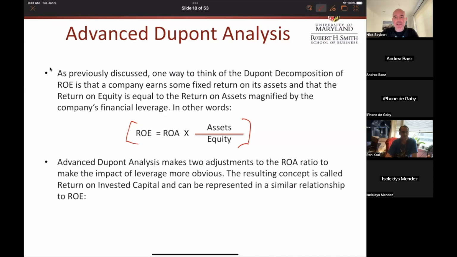We're basically making a couple of adjustments. That makes it sound way easier than it is, because there are several calculations involved. But we're basically making two adjustments to ROA, to return on assets. And by making these adjustments, instead of the thing you see up here, instead of a multiplication effect, we're going to have a plus.